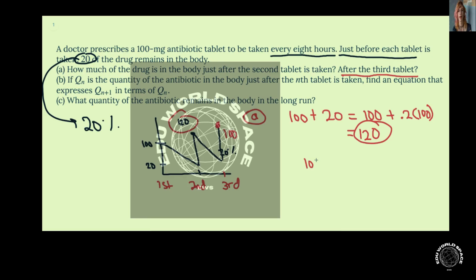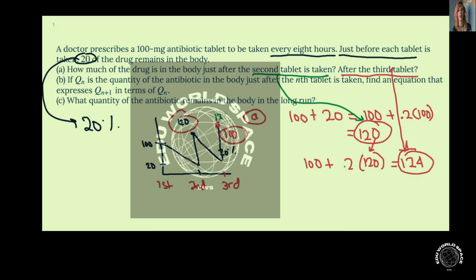It's just going to be the 100 that we add here plus the 20% of the remaining quantity that we had, which was 120 from our previous answer. Simplify this, and this is just 124. So that's after the third tablet, and the 120 was after the second tablet. So 100 after the first, 120 after the second, and 124 after the third.